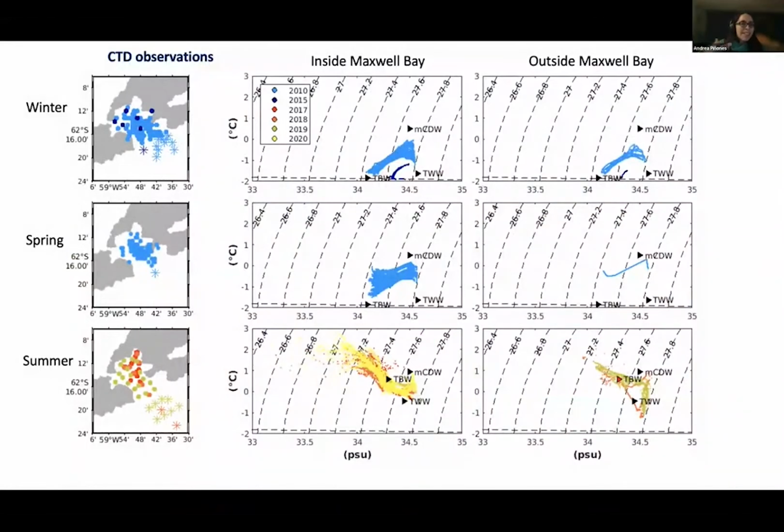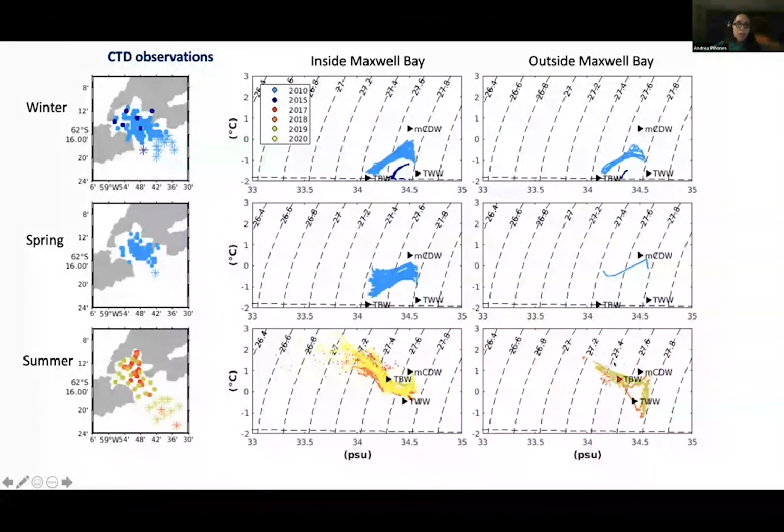Now, what happens inside Maxwell Bay, and what is the potential of this modified circumpolar deep water to get inside Maxwell Bay? Here we analyzed all the temperature and salinity data from different years, and we divided it into inside Maxwell Bay and outside Maxwell Bay. Here we also observe the temperature and salinity characteristics for this modified version of the circumpolar deep water.